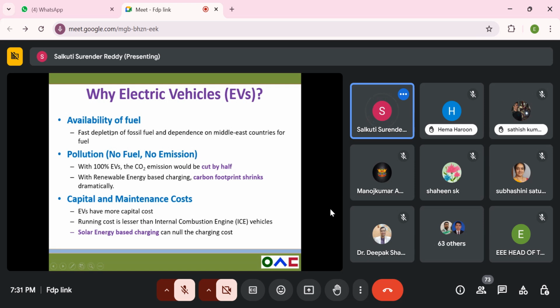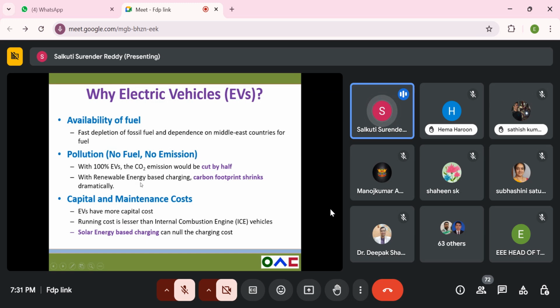So this is one reason why we should go for electric vehicles. Another is pollution. If you replace all the vehicles 100% with electric vehicles, the CO2 emission is going to be zero.